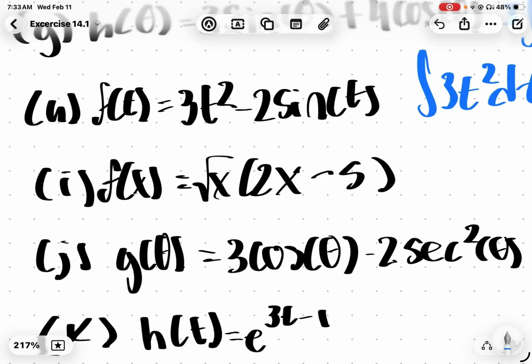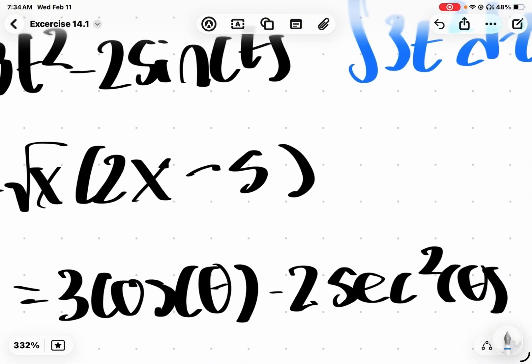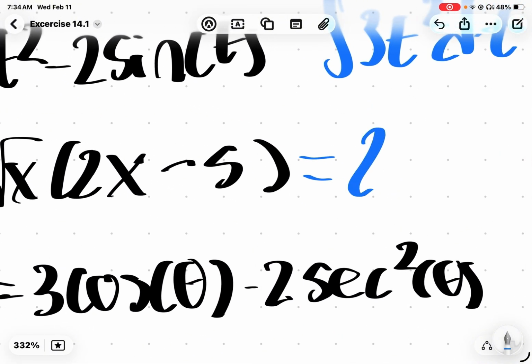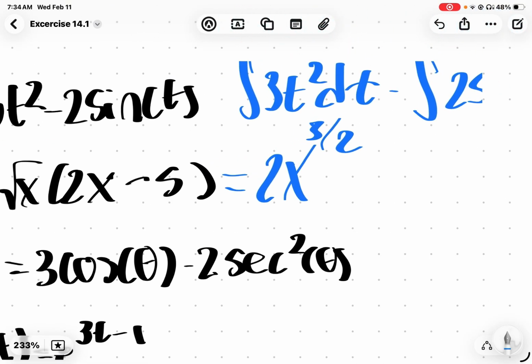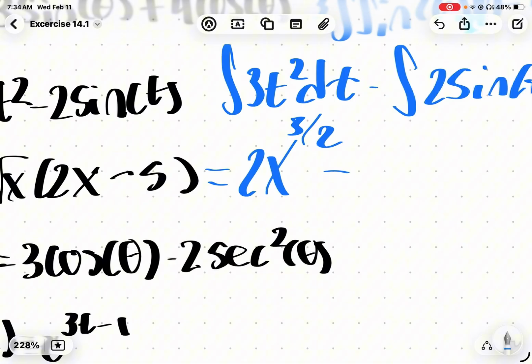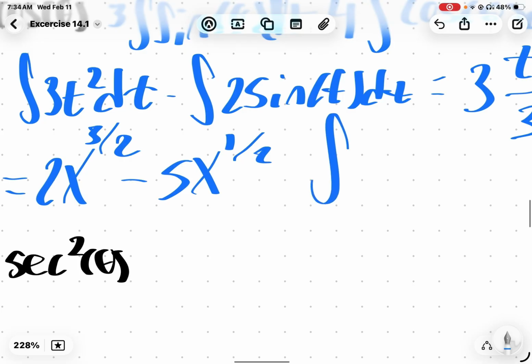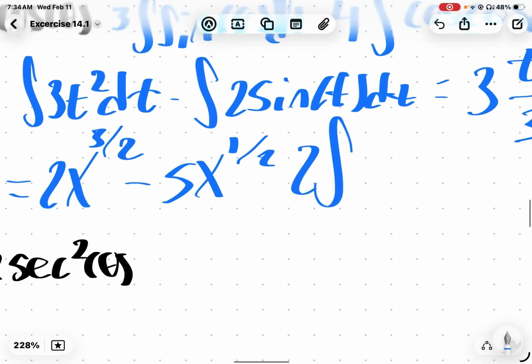Alright, so for part I, we have f of x equals the square root of x times 2x minus 5. So we can expand this to get 2 times x to the 3/2 minus 5 times x to the 1/2. So then to take the integral of this, you can take the constant 2 out.